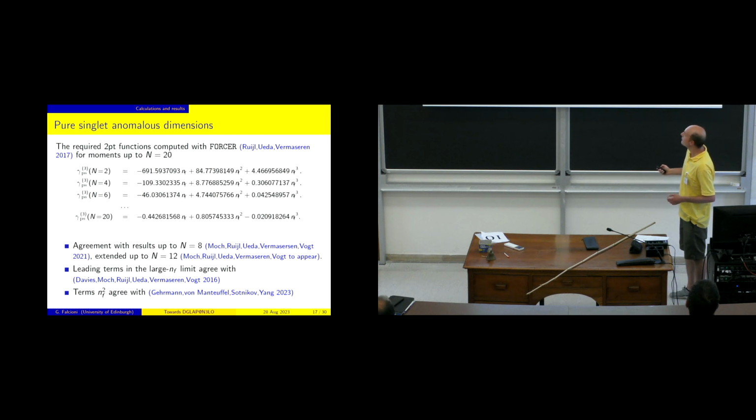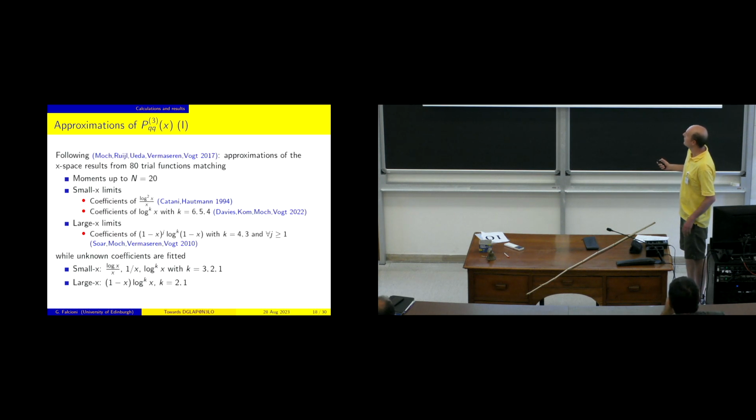So once you have this, a procedure that follows, for instance, this work on the non-singlet, is to construct an approximation, constructing a set of trial functions that reproduce your first 10 moments and known limits at low x and large x. There will be then some still divergent bits that you need to fit.